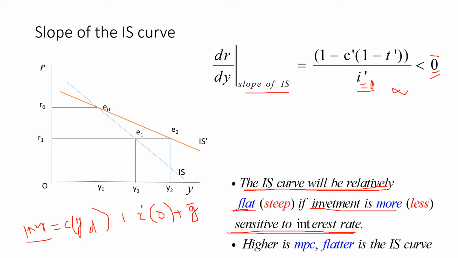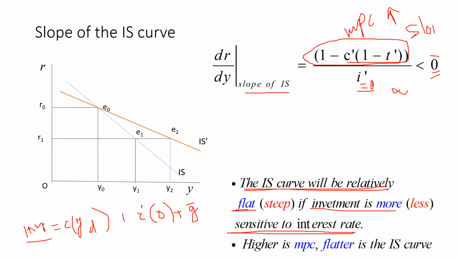That means MPC. If your MPC is higher, as you can see from here, because this is 1 minus MPC, the numerator is going to be smaller. So higher MPC means your numerator is smaller, therefore your slope is smaller.